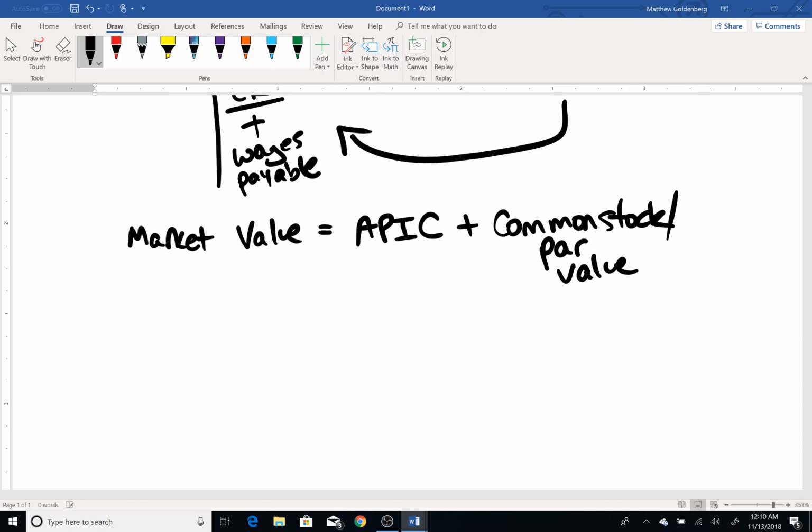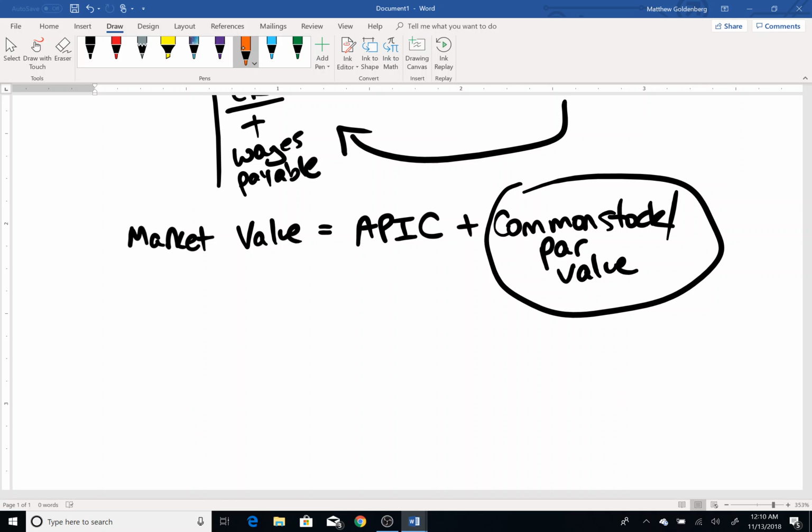And in general, these terms get conflated a lot. So just be able to identify when the problem is really saying that. Remember, we talked about how to use this equation to calculate that and that. So when you're developing a statement of stockholders' equity, you may have to consider this.